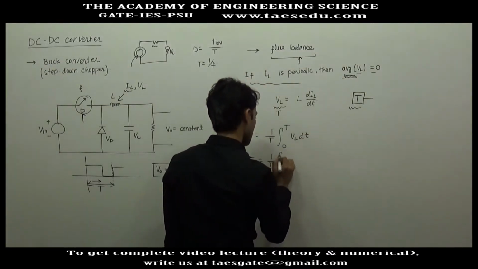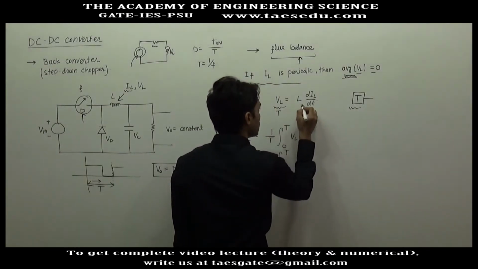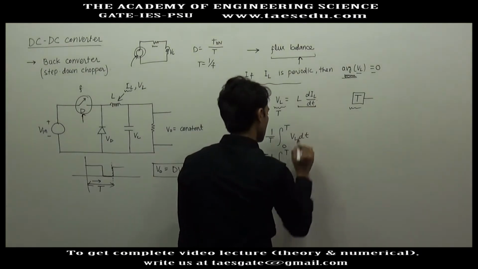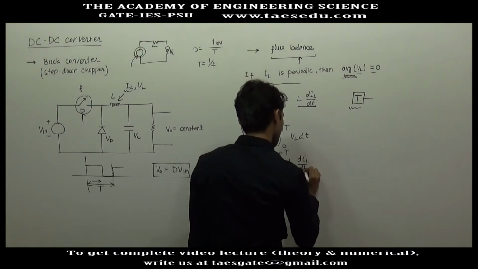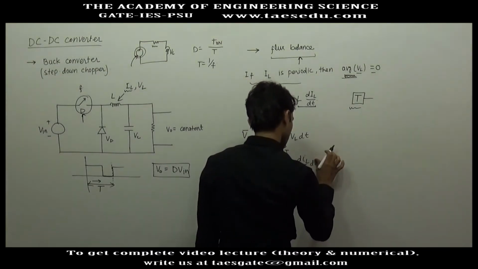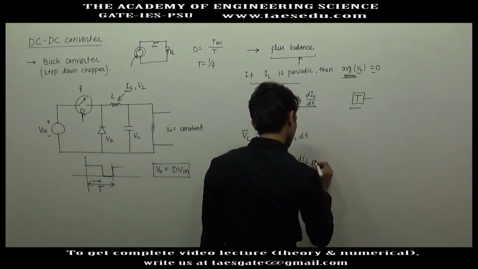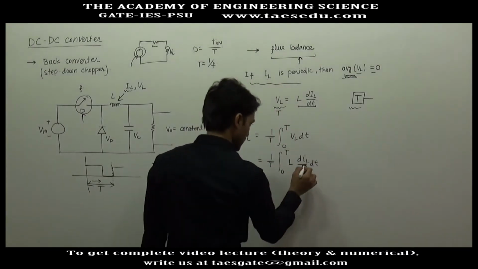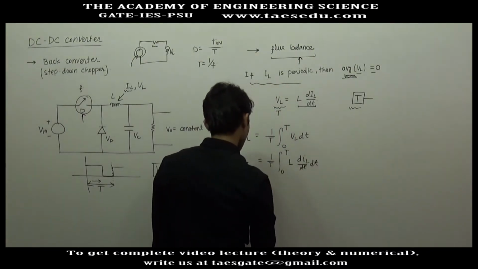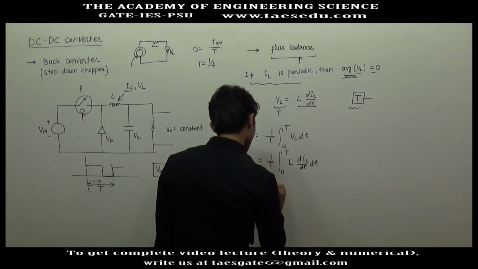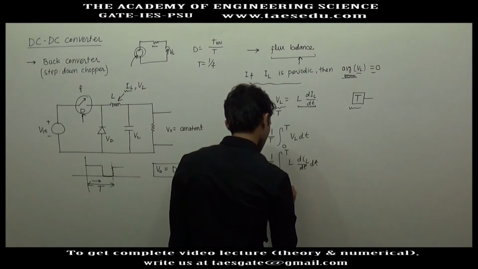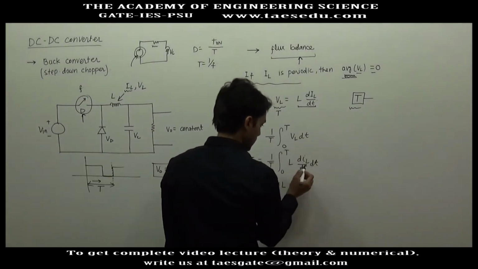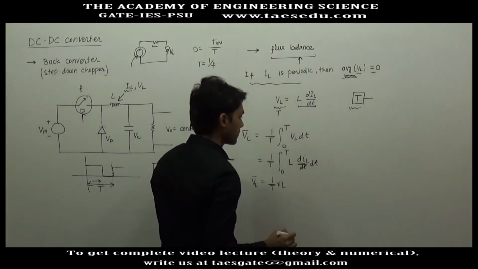This is 1 upon T, integral 0 to T. The value of VL is L dIL over dt, into dt. The dt and dt will be cancelled. The average value of inductor voltage is 1 upon T into L, and what will be the integration of dIL?